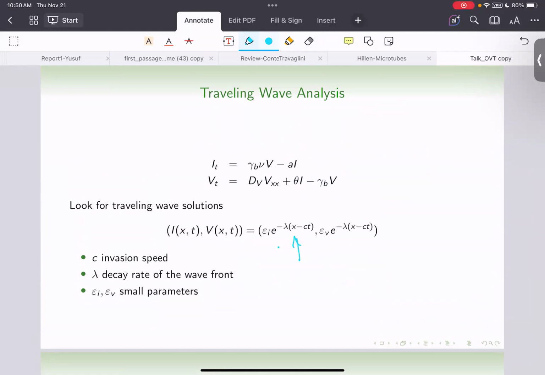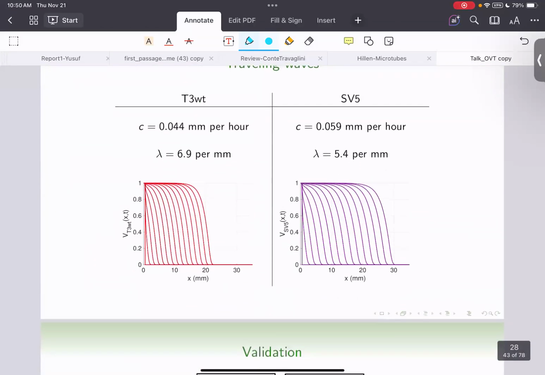And we assume there's an exponential decay e to the minus lambda in the traveling wave coordinate. And we also assume that we are at the leading edge, so the epsilons are small. So lots of assumptions go in there. But I think we did a little bit on traveling wave, how to analyze this. So I skip the details. I show you the results.